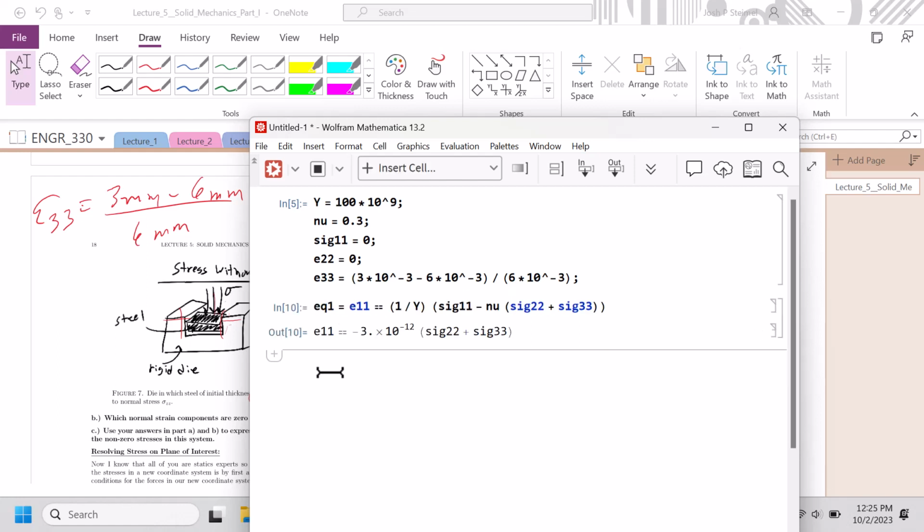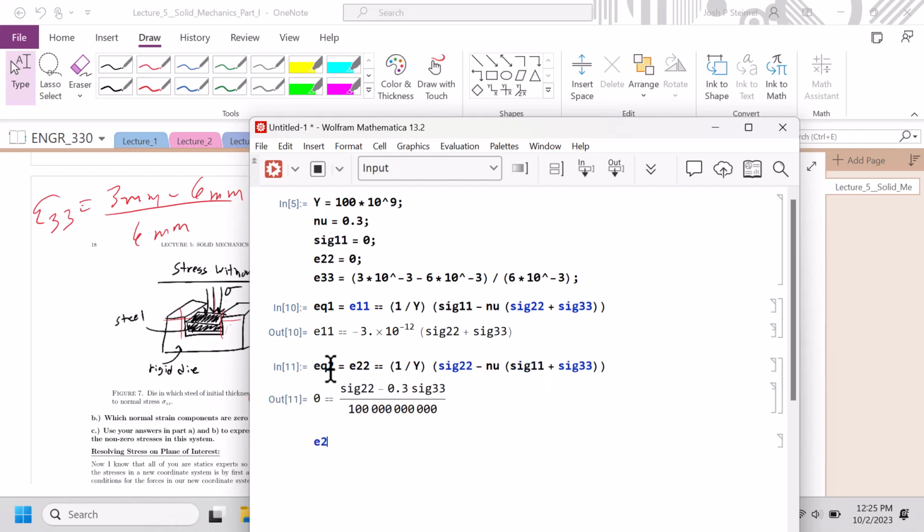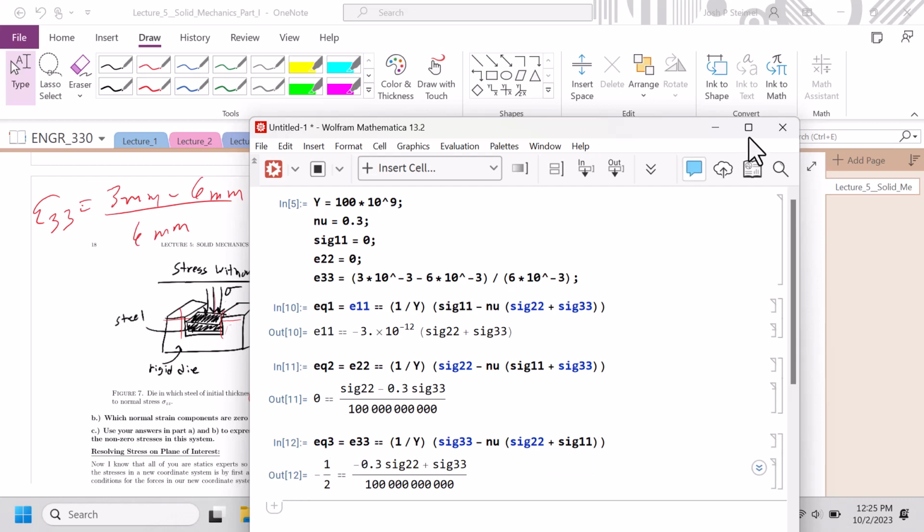Equation 2 will be similar, except we just switch the indices, with sig22 and then sig11 here, shift enter, and EQ, and we'll just paste here. Equation 3, be careful here. Obviously, I'm going through this quickly, but you don't want to make a silly mistake. But you can always double check your answer to see if something strange has popped up. And sig11. So those are my 3 equations.